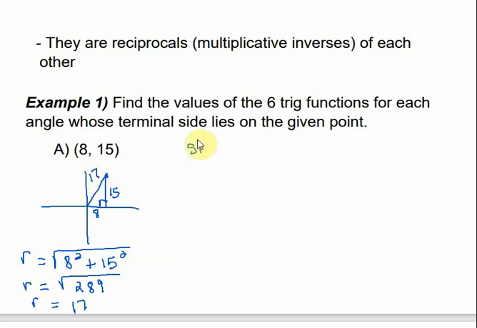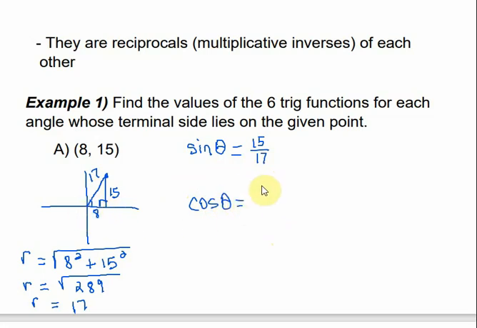Okay, sine, and we don't just say sine is this, the sine of theta, so the sine of the angle, again, here's theta, is equal to y over r. All right, so my y value is 15, and we just found r to be 17. So that's sine. Cosine of theta is x over r.